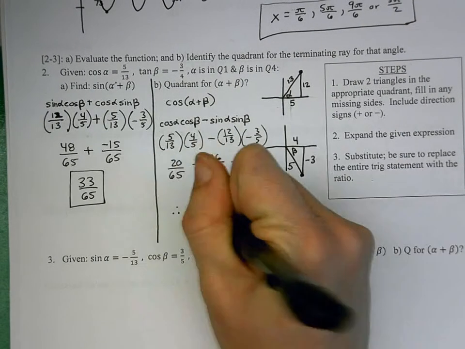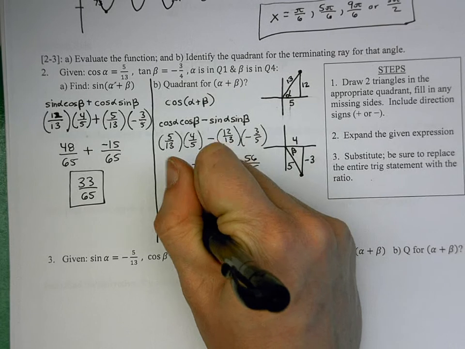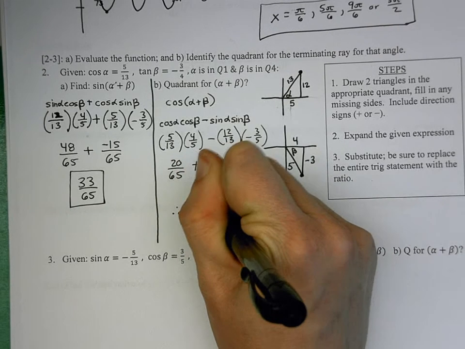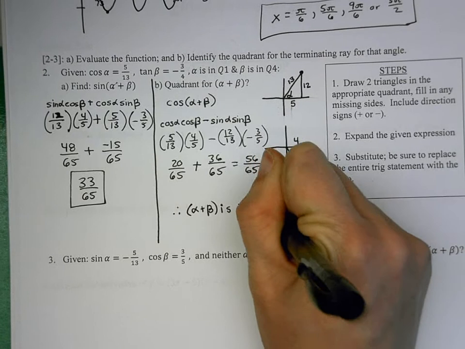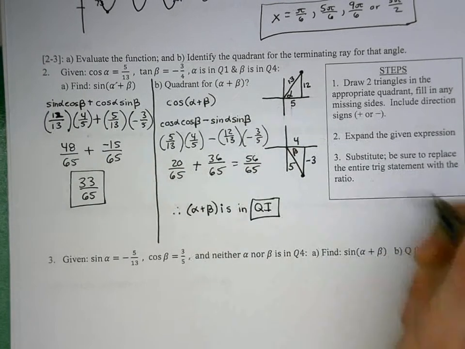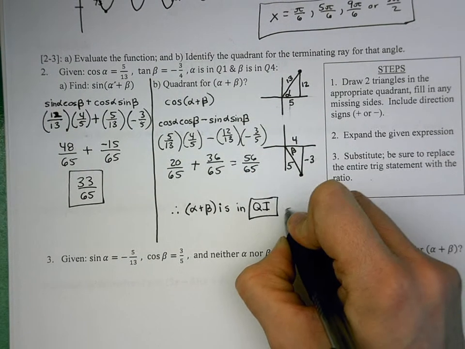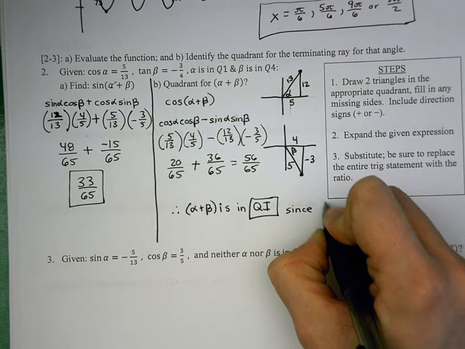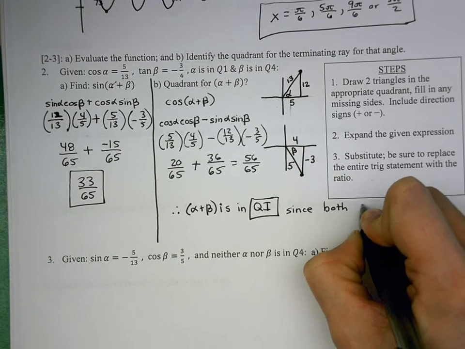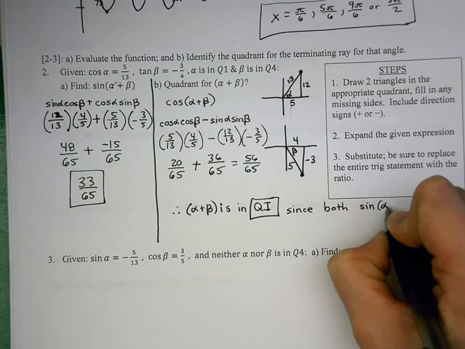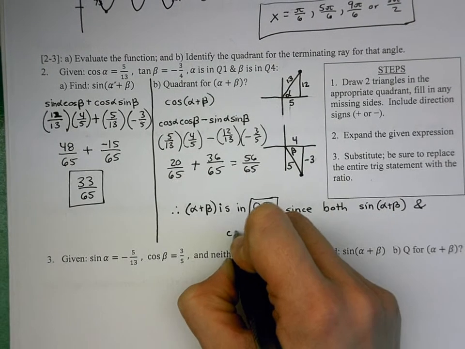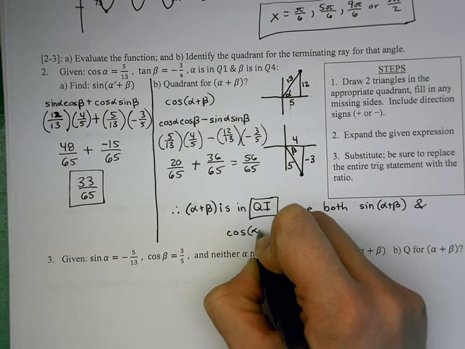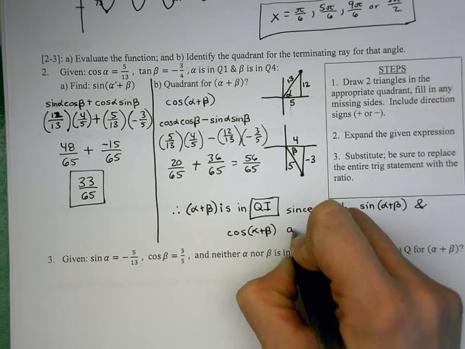So therefore, our alpha plus beta angle here is in quadrant 1, since both sine of alpha plus beta and cosine of alpha plus beta are positive.